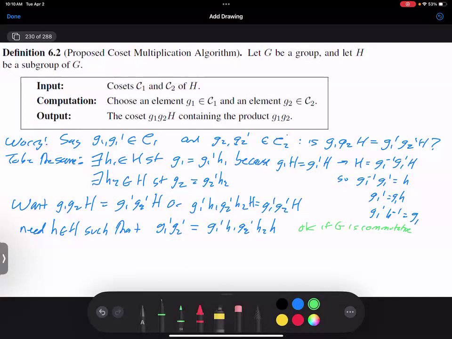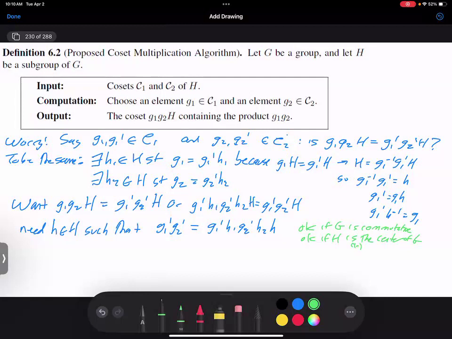So if the group is commutative, then we're okay. If H is the center, we're okay. The center is the set of all elements that commute with everything in G. So we're okay if H is the center of G. Or actually, it doesn't even have to be the center, it just has to be a subset of the center of G. But in general, I can't just push the H1 past the G2 prime.